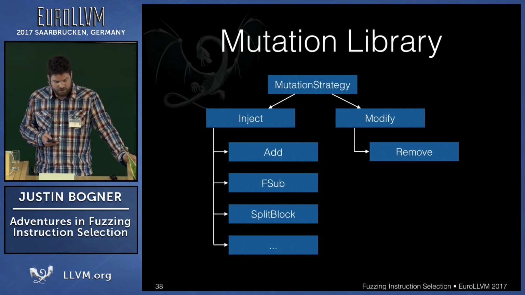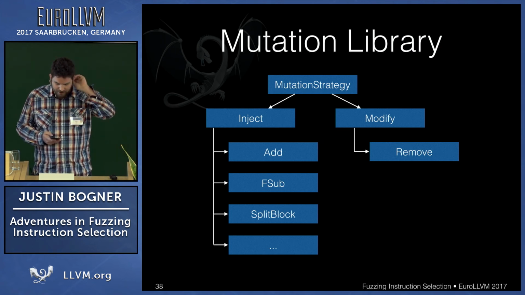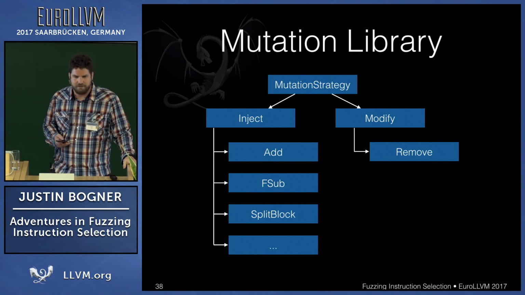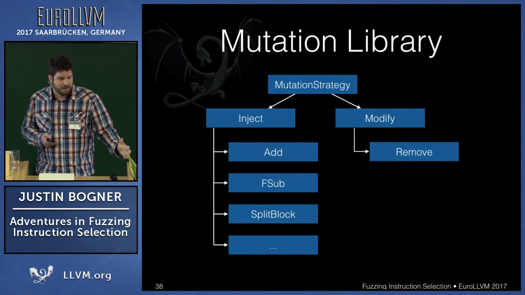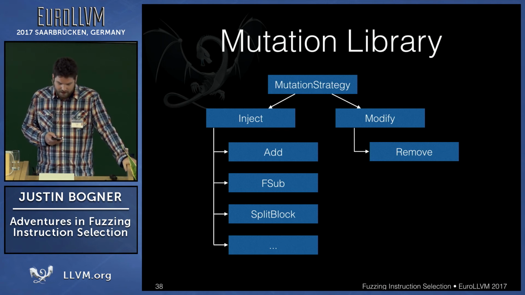So essentially what we do here is we provide an abstract mutation strategy interface that you can implement, and there are two main styles of thing that you do here. There's the operation injector, which is the algorithm I talked about before, and the operation mutator, which is just something that takes a single instruction and does something to it.